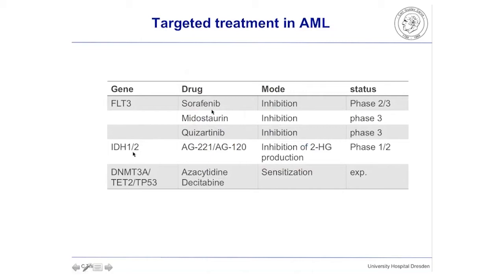But we also have novel alterations like the IDH1 or 2 mutations which are responsive to inhibition using specific drugs, and there is a growing number of these drugs being developed presently. So the comprehensive molecular classification of hematologic malignancies becomes of growing importance for the clinical management of patients.